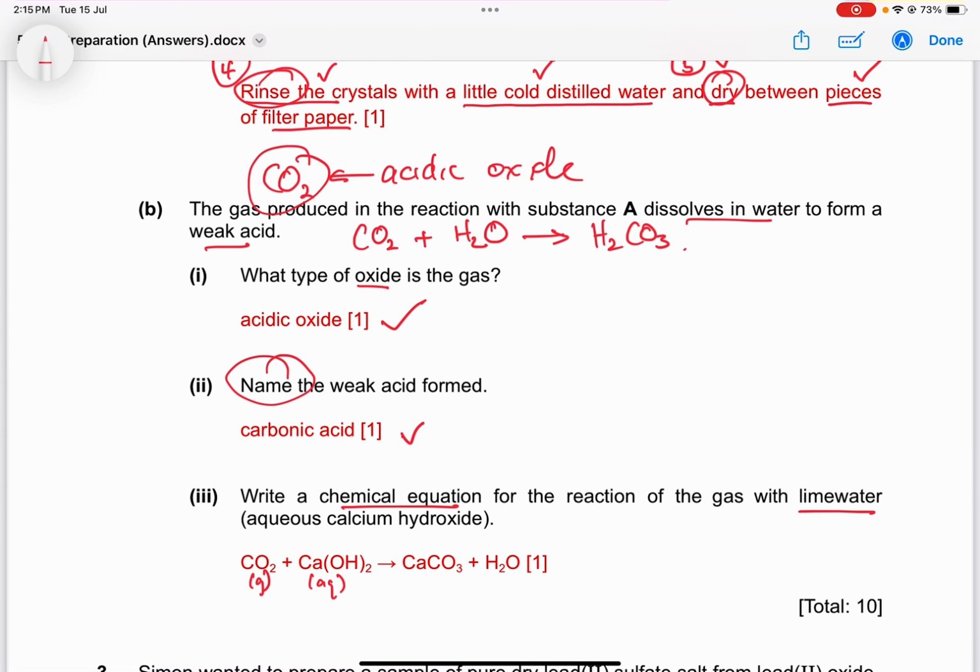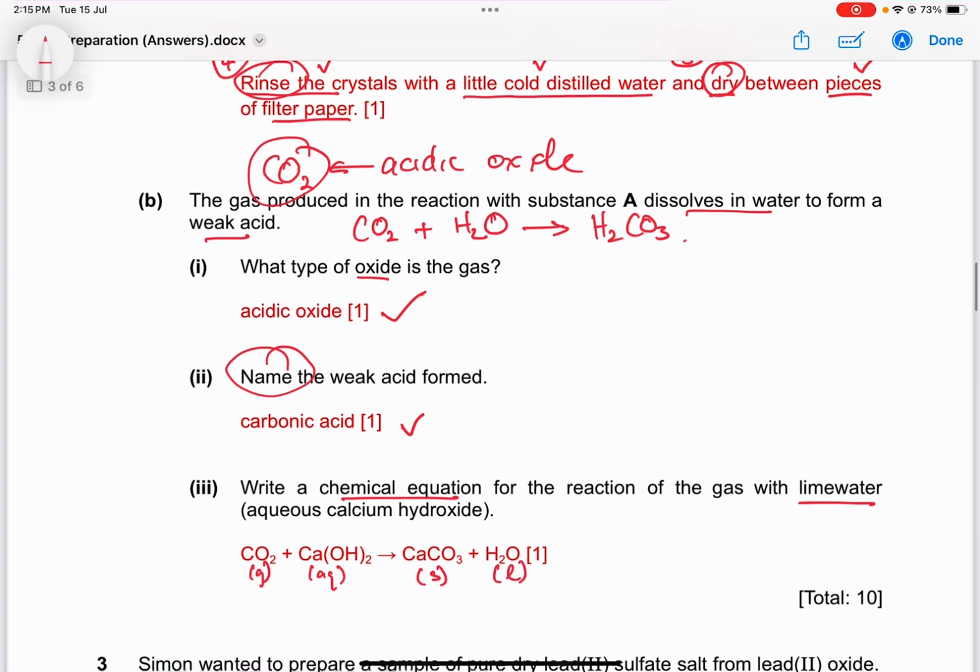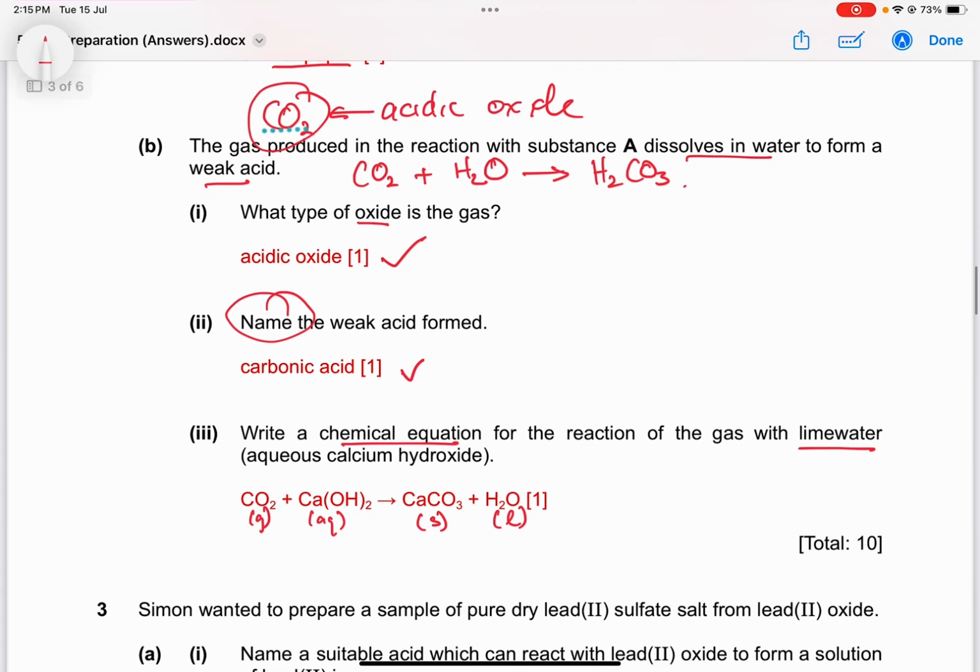When the gas is bubbled into lime water, you get calcium carbonate, which is a solid, and water. These are the state symbols. This question didn't ask for state symbols, so there's no need to write them. I wrote them to let you know that calcium carbonate is the white precipitate that you always see whenever you bubble carbon dioxide into lime water.